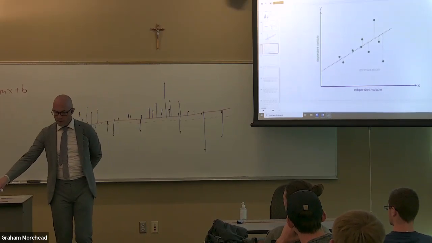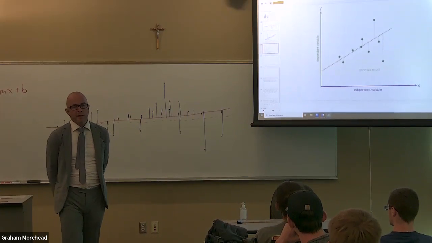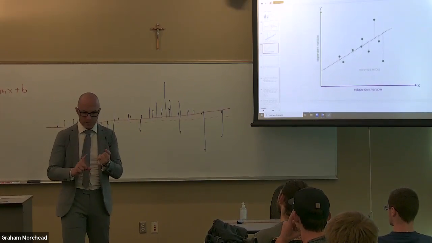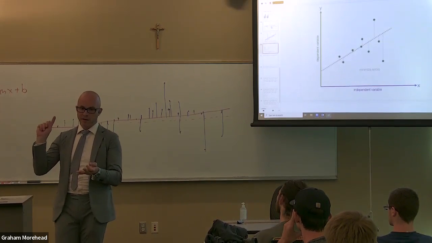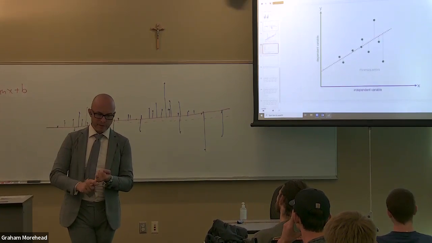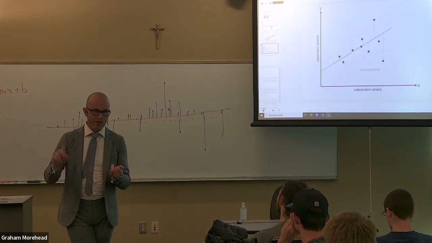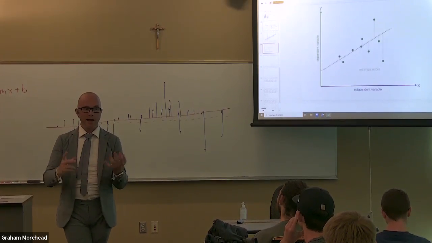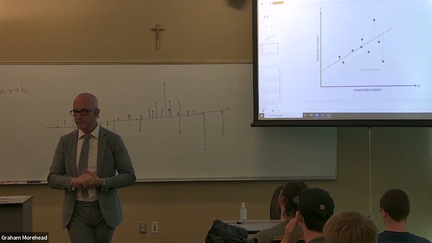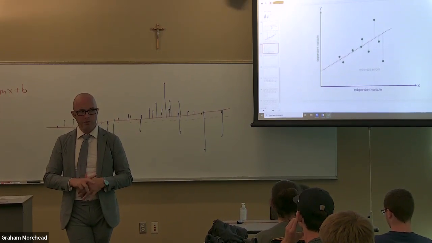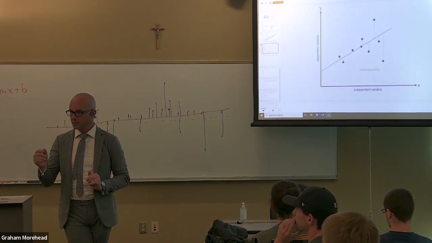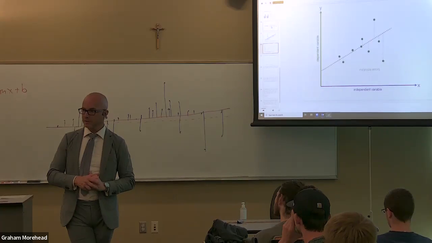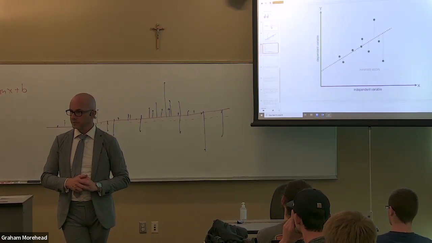Now, how do we draw this if I was guessing the dependent variable, price, based on the square footage of the house and the height of the house? I have two variables now. And then instead of a line, what is it? A plane.